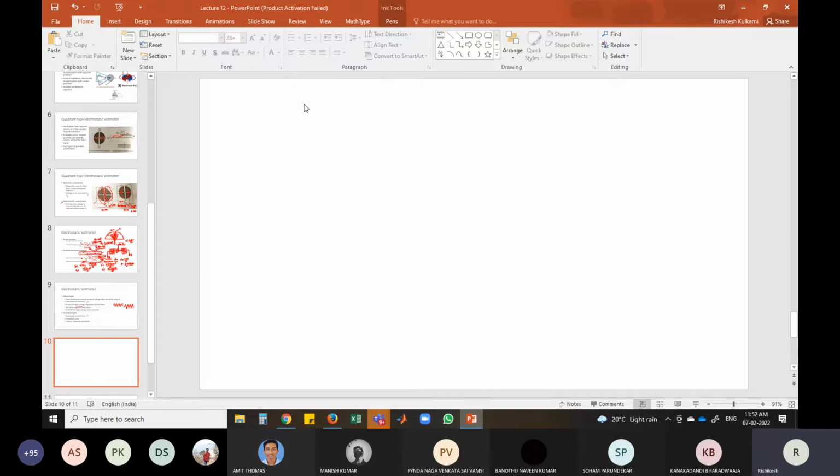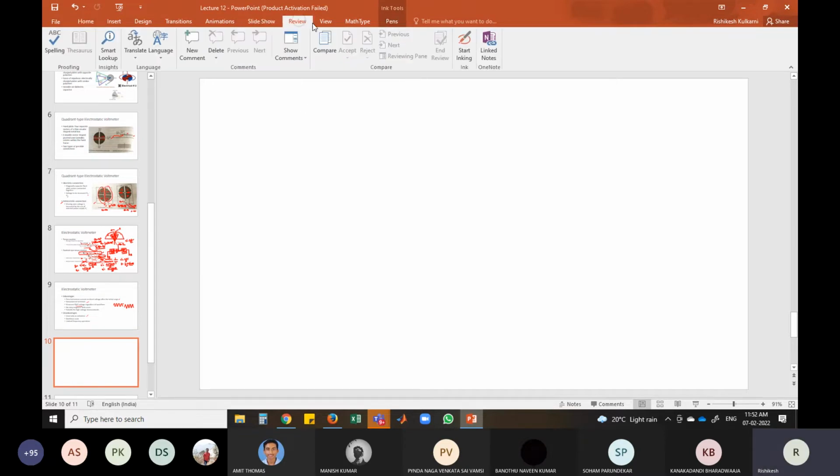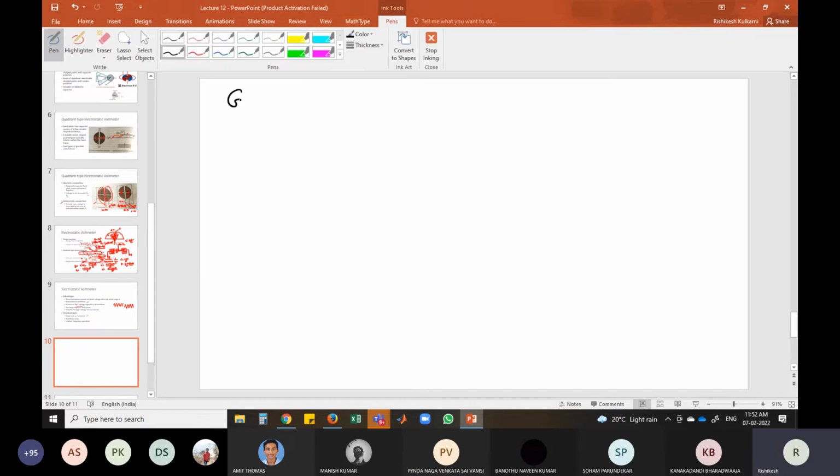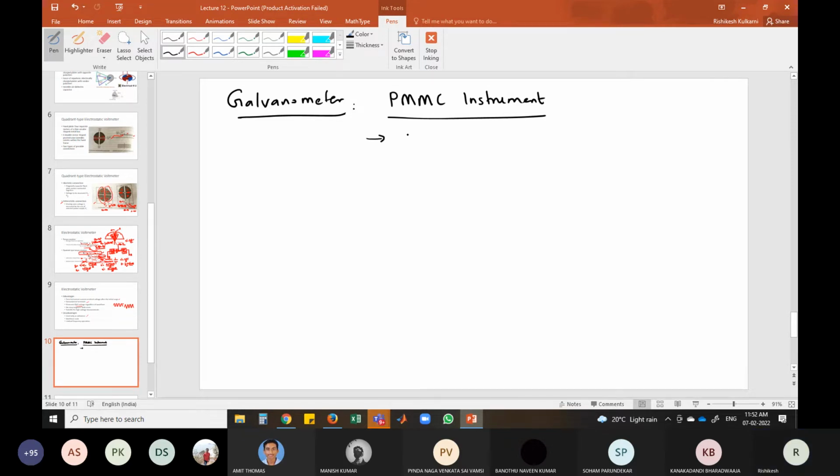That is about galvanometer. Basically, galvanometer is also a PMMC instrument only, and we have already discussed the working principle of PMMC instrument. However, it is designed for, it is highly sensitive, you can say.